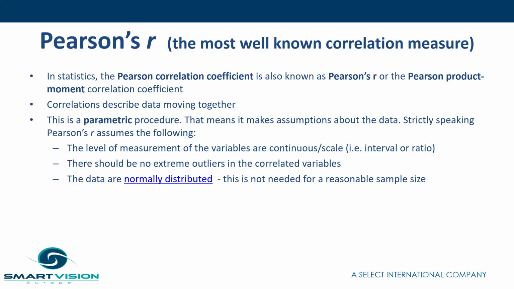It does assume that the data is normally distributed, but for a reasonable sample size, I mean more than 30 cases or something like that, it's not really strictly enforced too much. So I don't think too many people spend too much time checking the normality of correlation data when you've got a reasonable sample size and it meets the other assumptions.